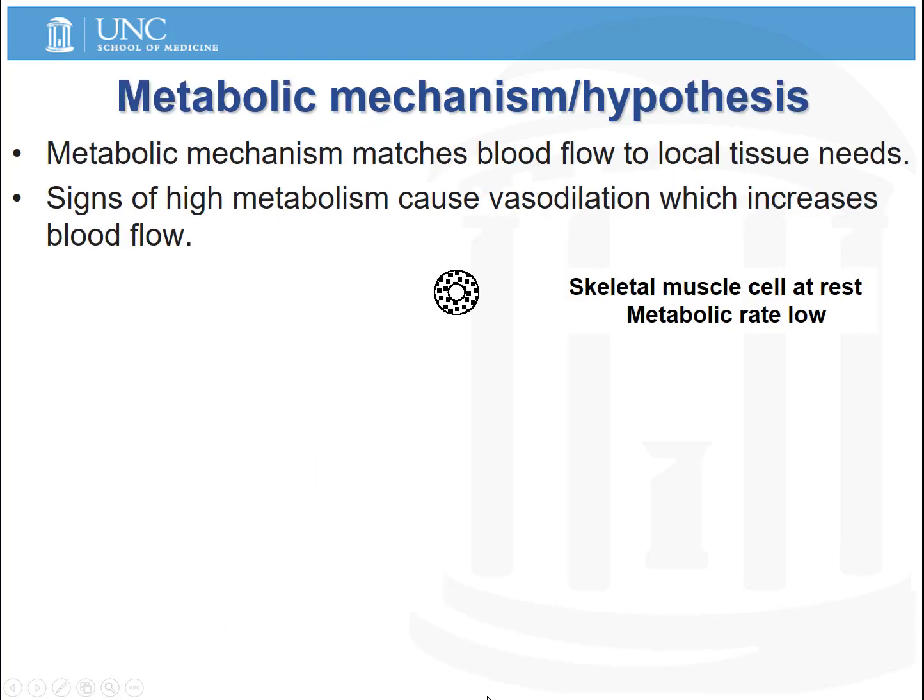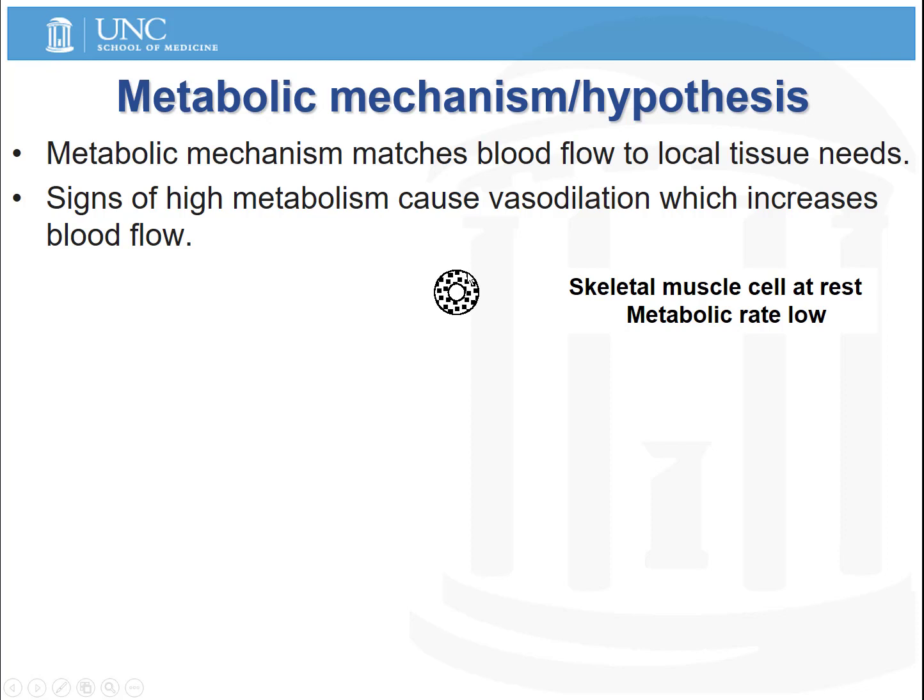The second type of autoregulation is the metabolic mechanism, and this metabolic control is used to match blood flow to the local metabolic tissue needs. So it's the presence or absence of metabolic factors that regulate vascular tone.